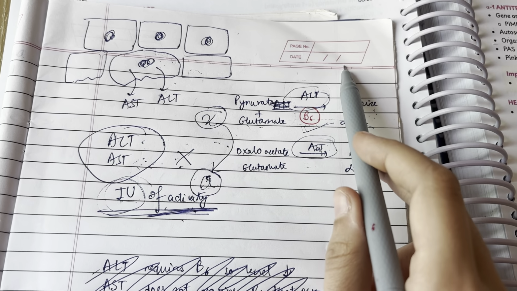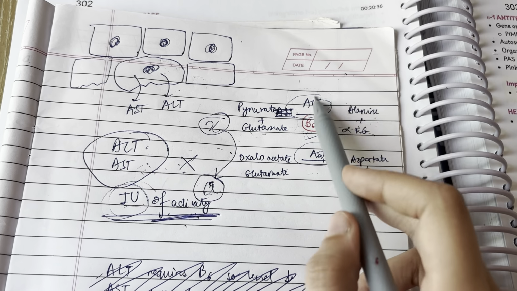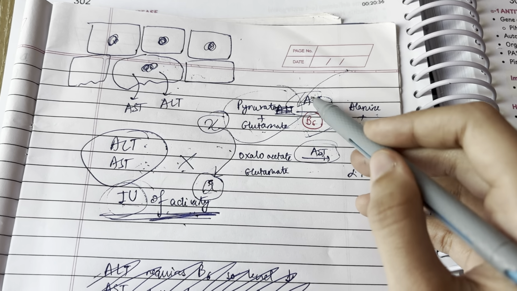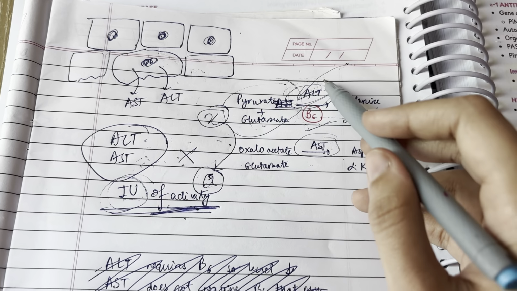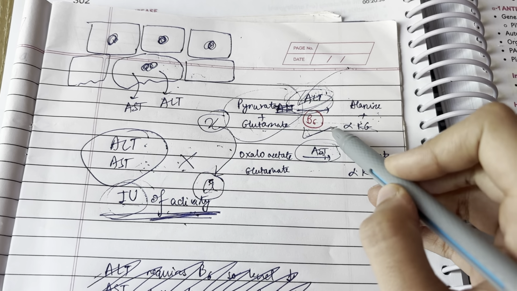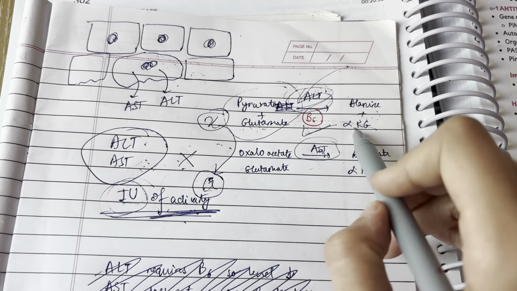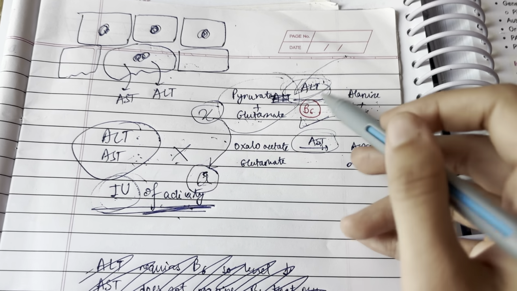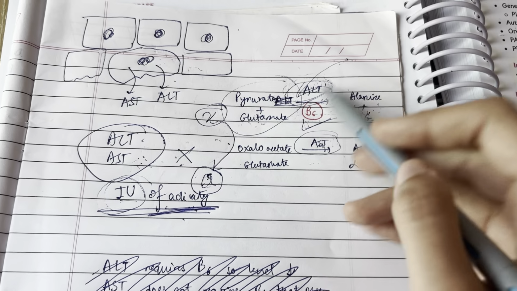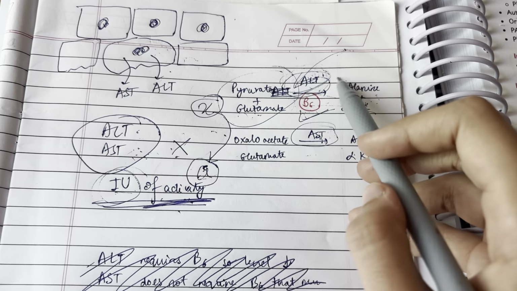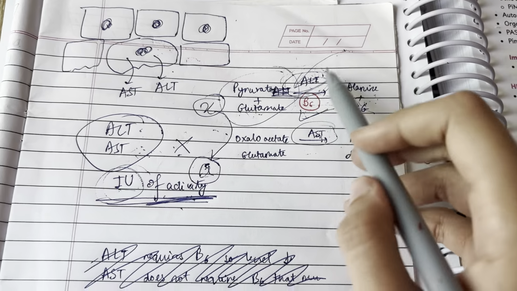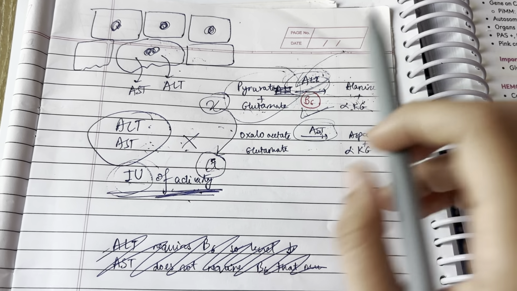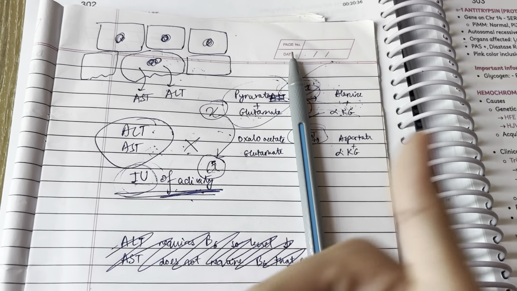So when you put these reagents and subject them to the plasma of the patient, you have lots of ALT, but you don't have B6, which is why this reaction won't occur that fast, and you will wrongly conclude that ALT is present in less amounts. But that is not the conclusion. You have to understand that the activity of ALT is reduced. You're measuring the activity, not the mass. I hope this is clear, and thank you.